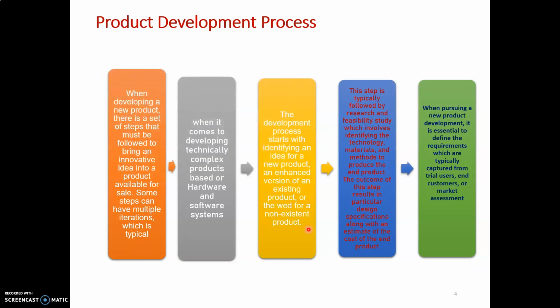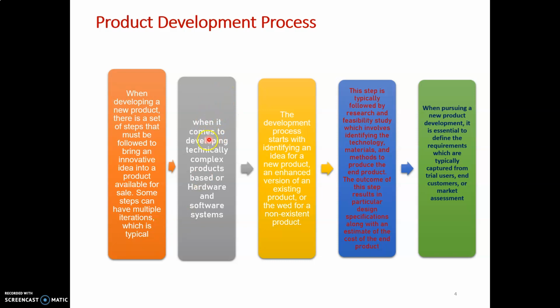Here we see the product development process. When developing a new product, there is a set of steps that must be followed to bring an innovative idea into a product available for sale. Some steps can have multiple iterations, which is difficult.